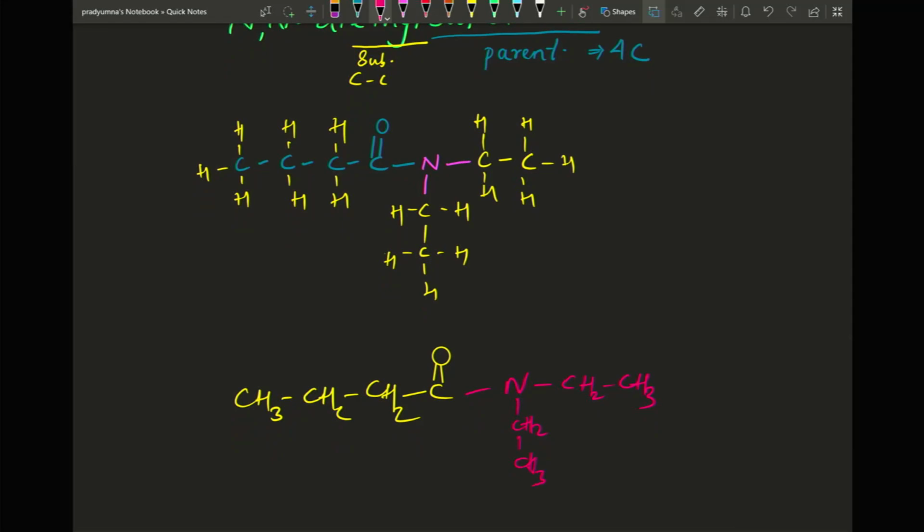So what kind of amide is this going to be? Let's ask these questions. The nitrogen is connected to 3 carbon atoms. So 1, 2, 3. That means this has to be a tertiary amide. All right, so that's pretty much what we're going to do here. Let's stop here.